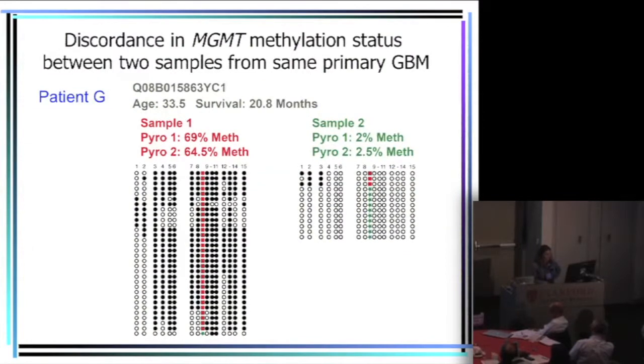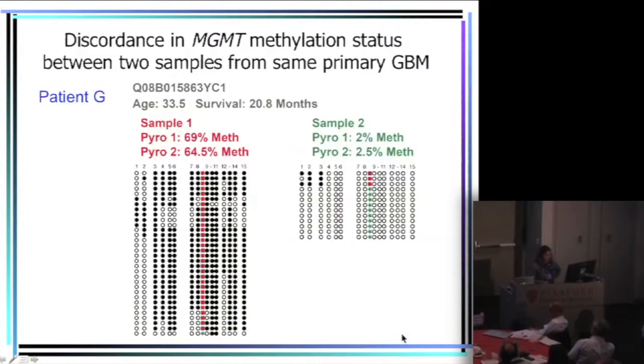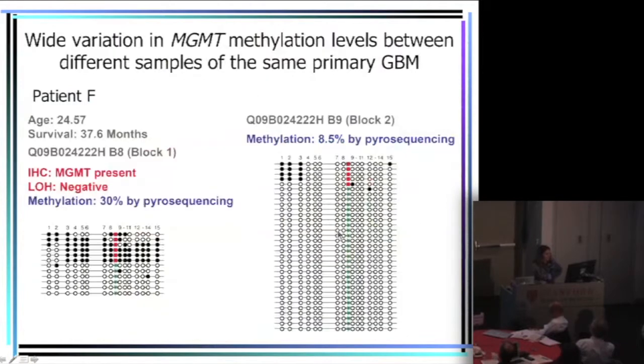And this is just illustrated further with clonal bisulfite sequencing. This was patient G where we saw discordance. One part of the tumor was positive, another part negative for methylation status, and you can see this profound difference in methylation between the 2 samples of the same tumor.